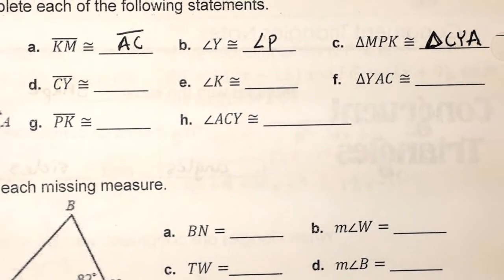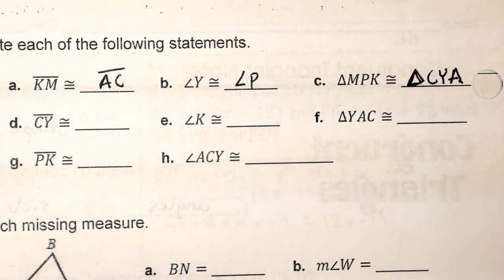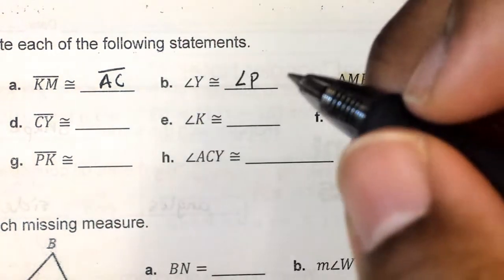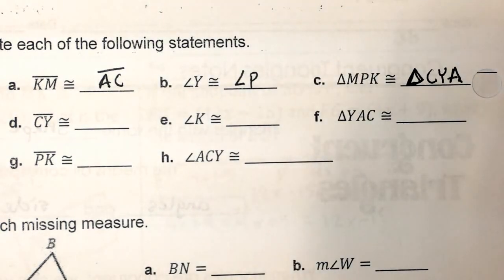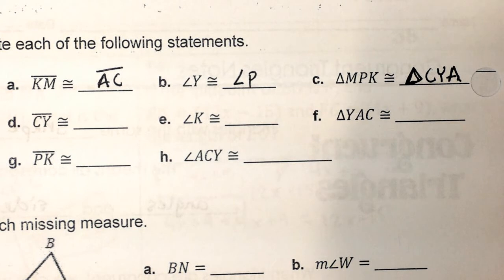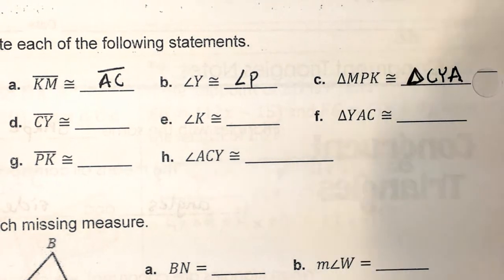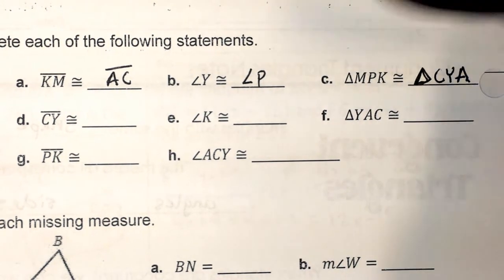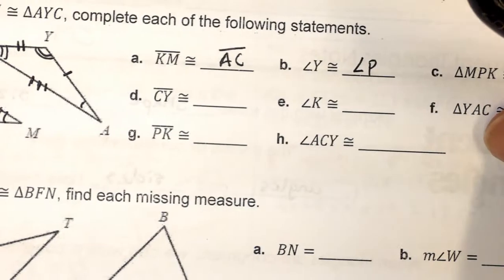D, E, and F. Ms. Welch. Side CY is congruent to... You gotta say it the exact way they said it.